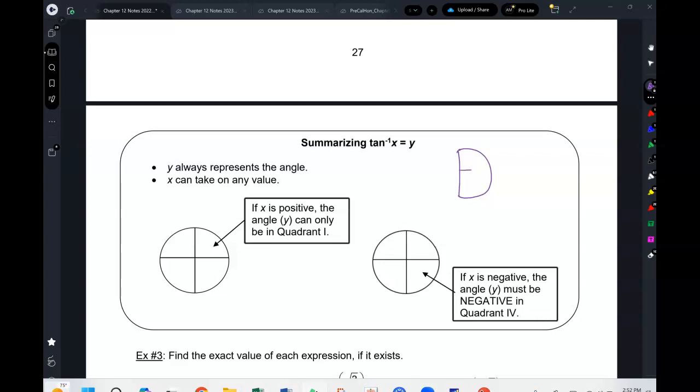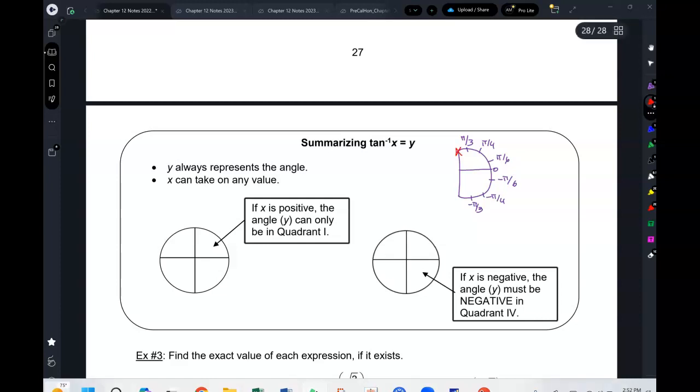Okay, we have 0, pi over 6, negative pi over 6, pi over 4, negative pi over 4, negative pi over 3, pi over 3. How many is that so far? Not 9. 7.